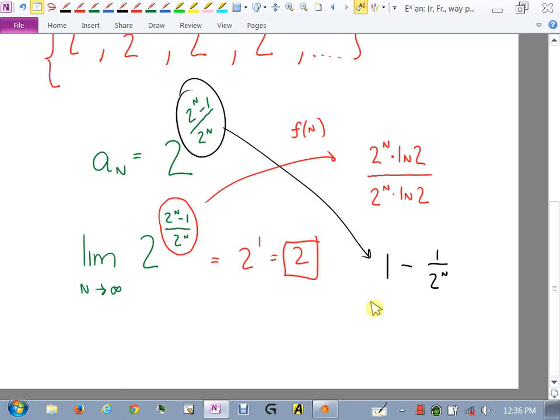Okay, one last one. Come on, 4 minutes. I can do this. A sub n equals n factorial over n to the n. Does it converge or diverge?